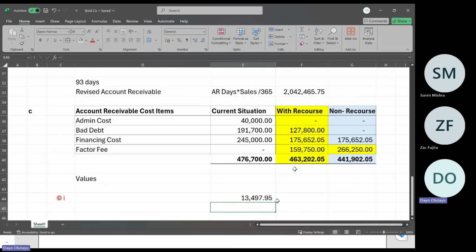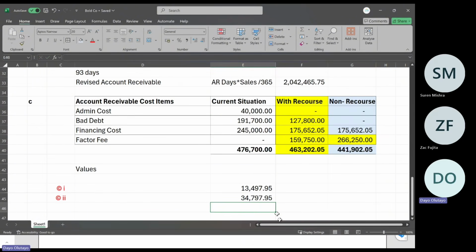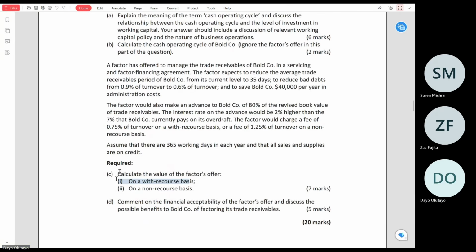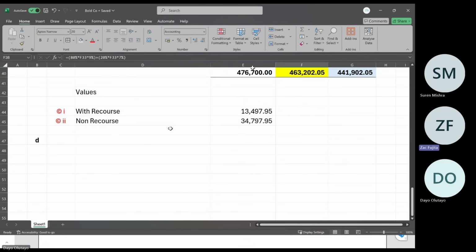And that will be the value. And for C2, the value will be, currently we are spending 476, but if we get a factor without recourse, we're going to be spending 441. And that will be our benefit. And that is what C is all about. 7 marks. That is the value with recourse and without recourse.